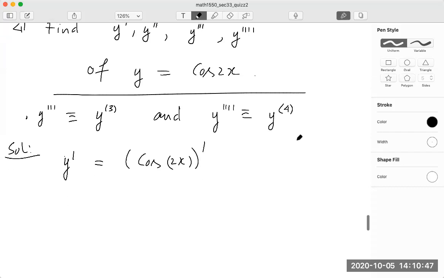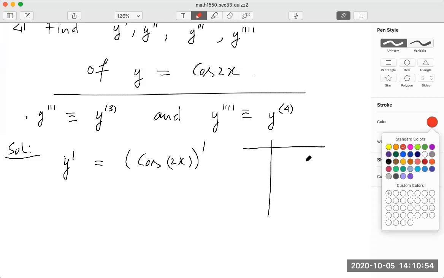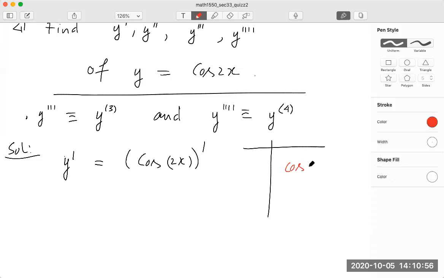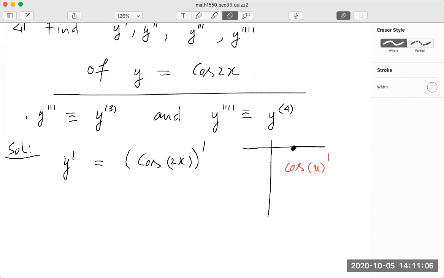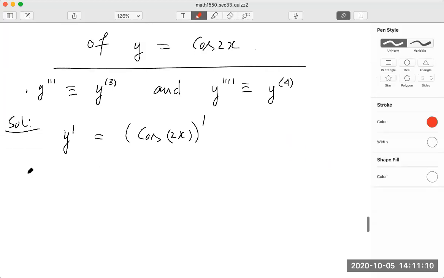So what is the formula we should use here? Chain rule. Yes, the chain rule, or when you do it many times, you will know that, okay, before doing this, let me write it below here, the related formula.